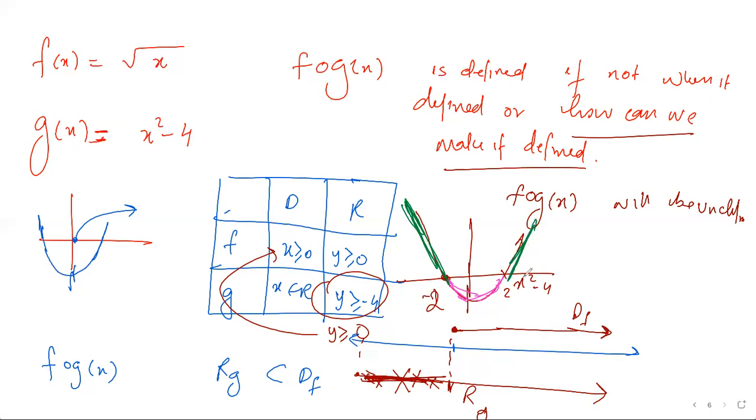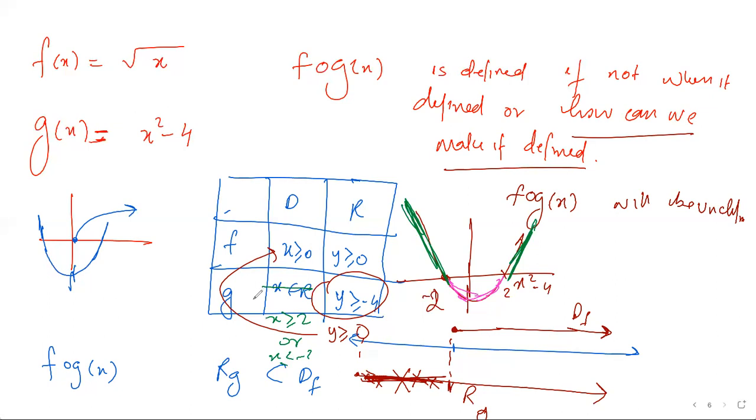Only this part exists, and I have to modify the domain: x greater than or equal to 2 or x less than or equal to -2. This is how you critically think about whether f of g of x is relevant or not.